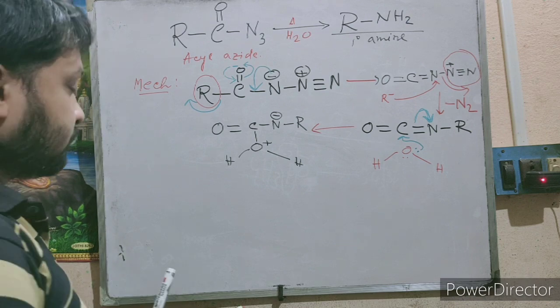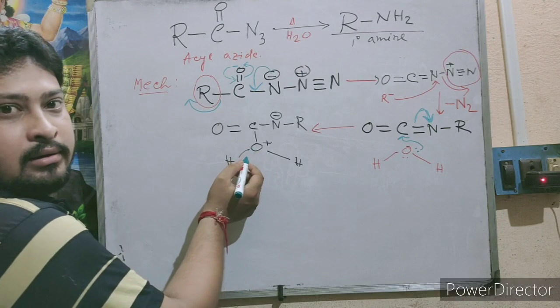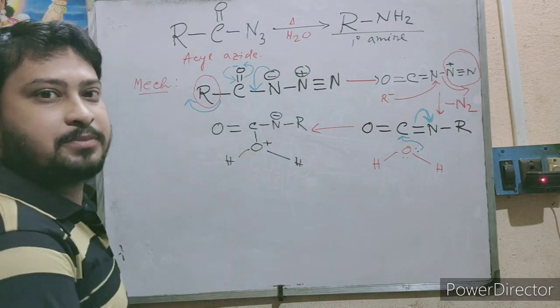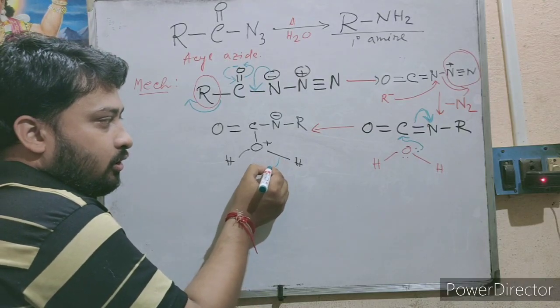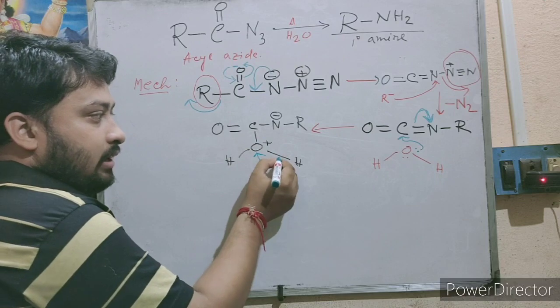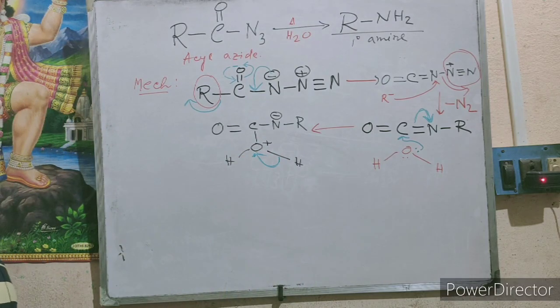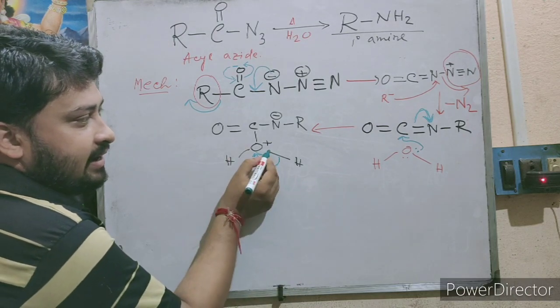Finally, oxygen is a highly electronegative element, and it gets a positive charge. That is not possible. So the electron of this bond is pulled by oxygen. So it takes its electron.